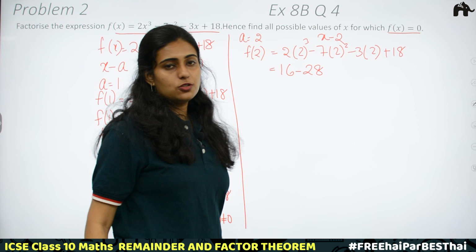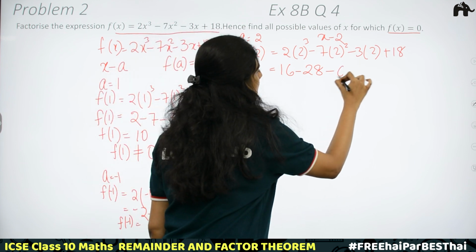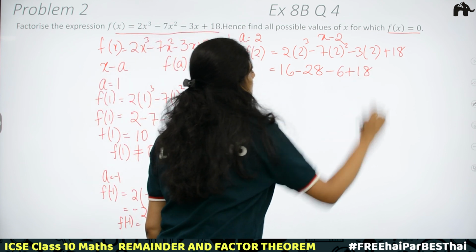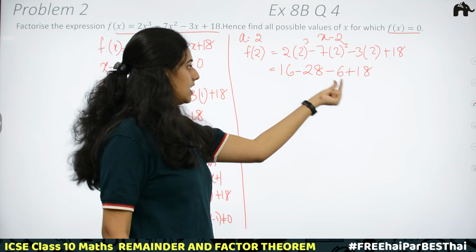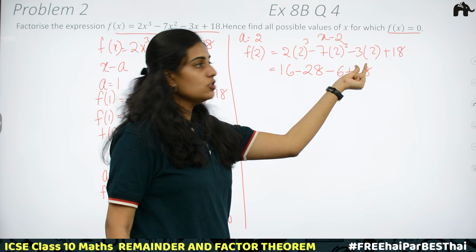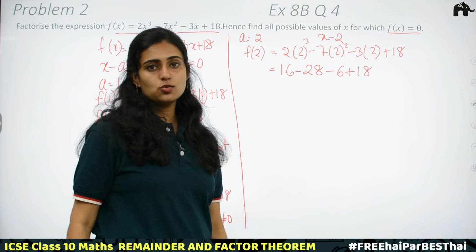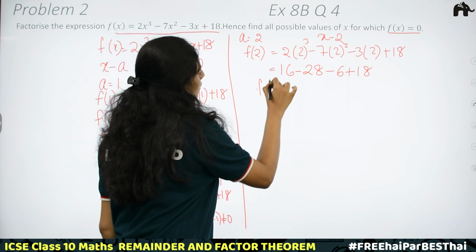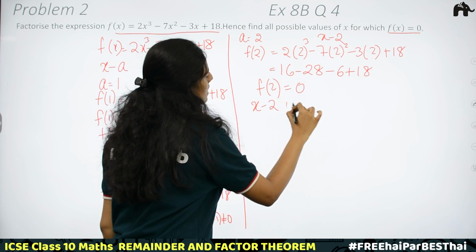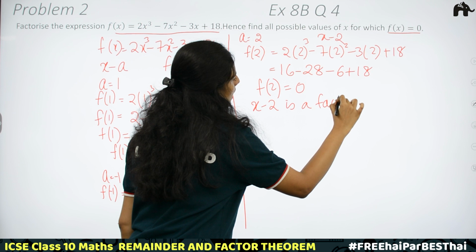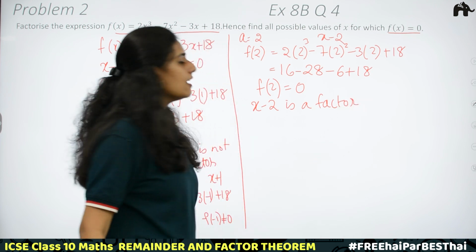Minus 3 into 2, minus 6 plus 18. 16 minus 6 is 10. 10 plus 18, 28. 28 minus 28 is 0. We got f of 2 is equal to 0, which means x minus 2 is a factor.